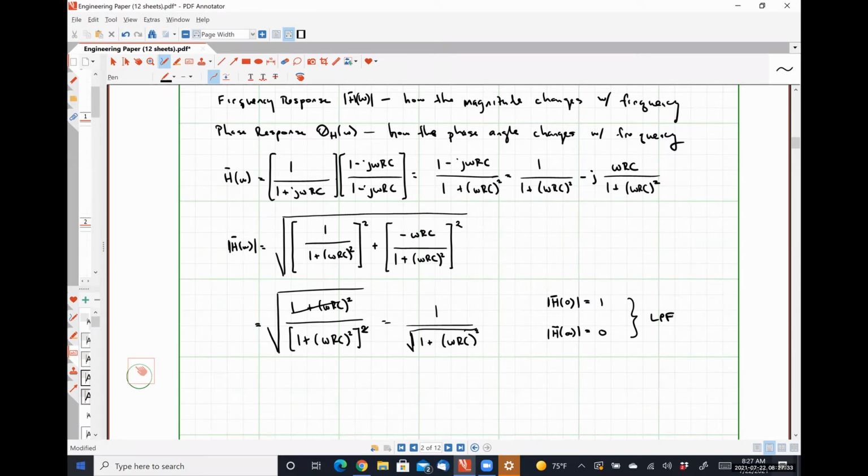Now, we can also look at this and figure out what the cutoff frequency is.